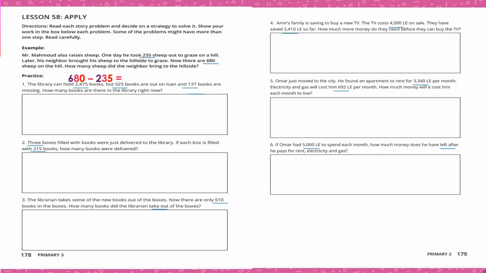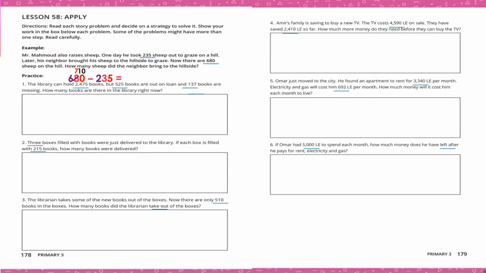Ones with ones, tens with tens, and hundreds with hundreds. 0 minus 5. Can you take 5 from 0? No, I can't. So, what shall we do? Regrouping. So, I will go to the next door, 8. Can you give me 1? Yes. So, 8 will be 7 and 0 will be 10.